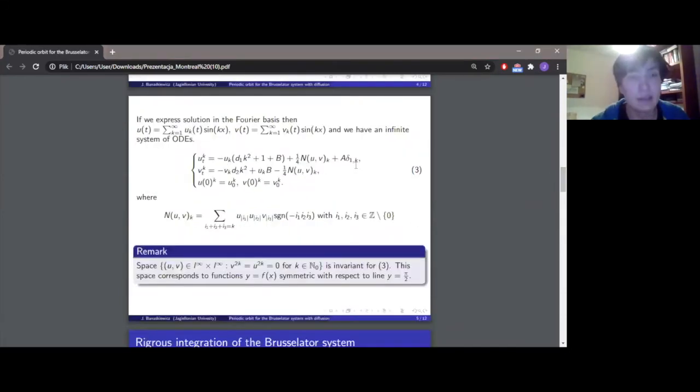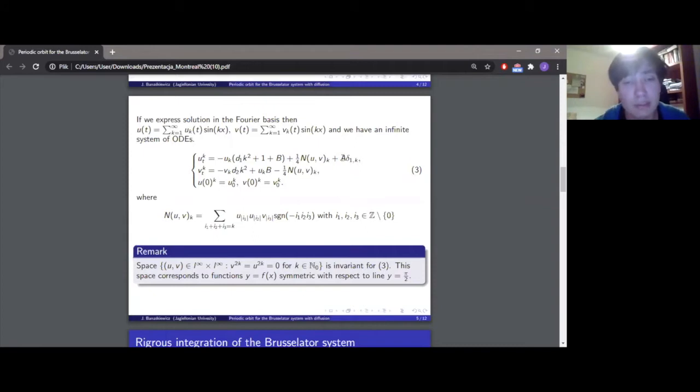We can express our problem, the Brusselator model, in terms of an infinite ladder of ODEs if we express u and v in the Fourier basis, and we get these equations. This corresponds to the linear parts in these terms, and these terms correspond to the nonlinear parts.